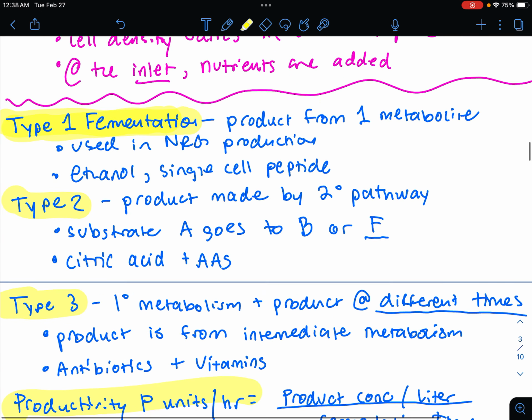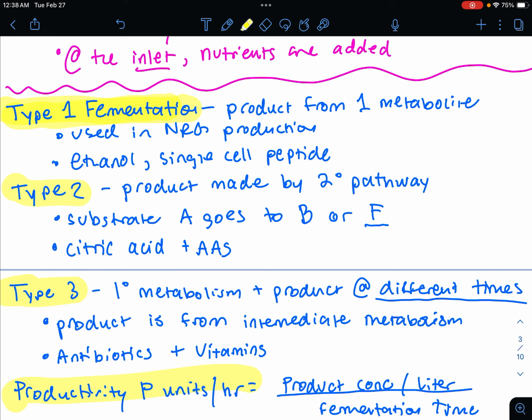We have three types of fermentation processes. Type 1 is when the product is derived directly from the primary metabolism. So basically, A to product, or A to B to C. The product could be biomass, it could be the single cell protein, it could also be ethanol.